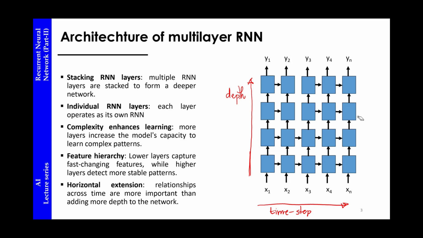The idea of adding more complexity to recurrent neural networks is to learn more complex patterns. But studies show that when we extend the recurrent neural network vertically, the neurons at the lower layers learn fast-changing features, and the neurons at the upper layers learn abstract features. That's why the values of neurons at the lower levels change more repeatedly compared with the upper layers.